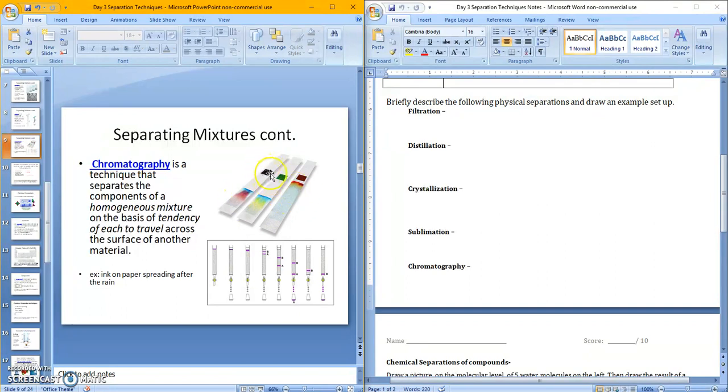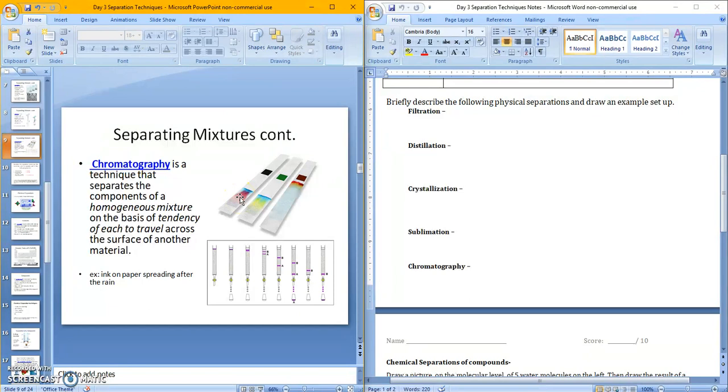So this blue color right here is made up of two colors, purple and a lighter blue. If I were to put this paper in water, the water would travel up the paper, and whichever substance is more polar or more willing to travel is going to grab onto the water and travel up farther than the other one. In this case, blue travels up really quickly. Purple takes a little more time, meaning that purple does not want to travel as quickly.